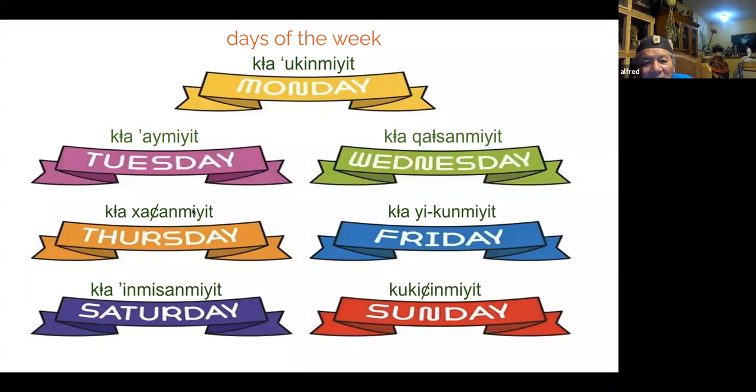So days of the week is Miyit. The date of the month is Mitit. And then the month is Natanik, which is our word for sun also. And then a year is Makut. So those four are the four words for the different parts of the calendar.